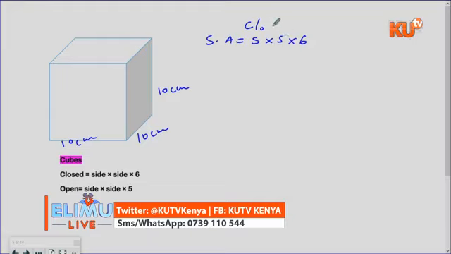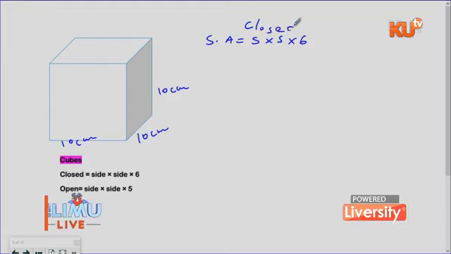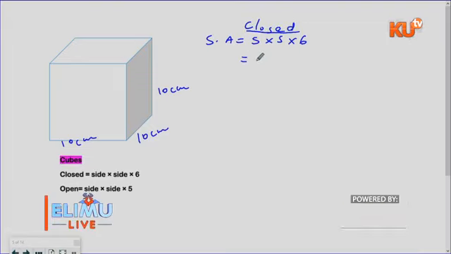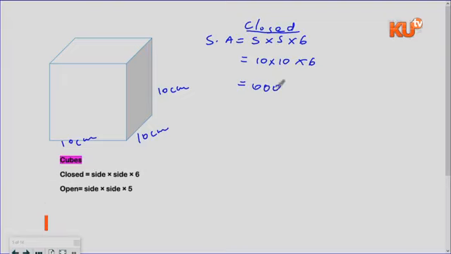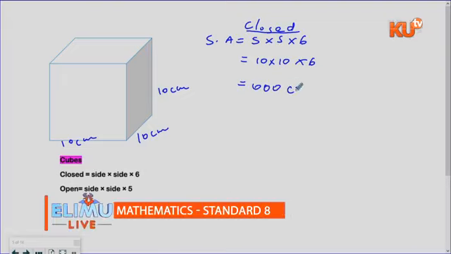So just take 10 times 10, then you multiply by 6. Why 6? Because there are 6 faces. So 10 times 10 is 100. 100 times 6 is 600 centimeters squared. So that is how you're supposed to find the surface area of a closed cube.